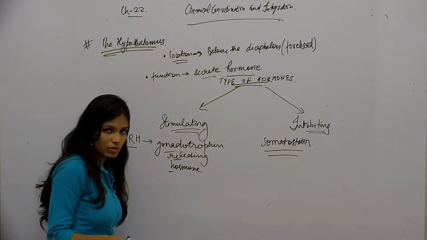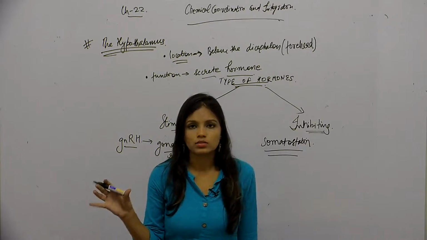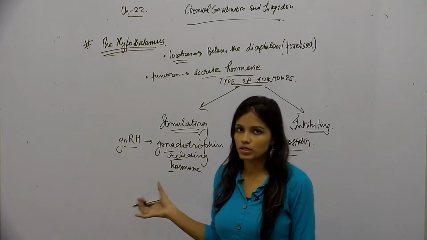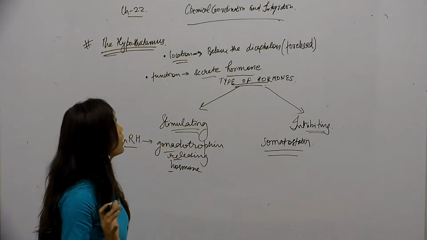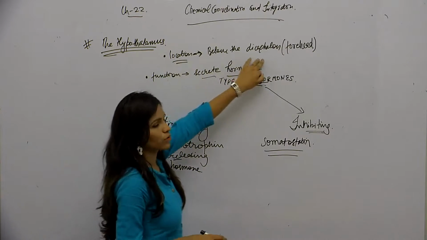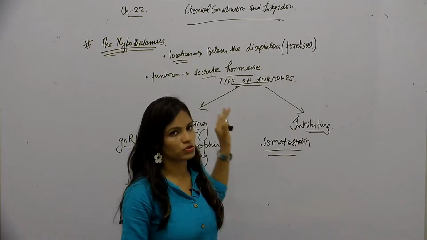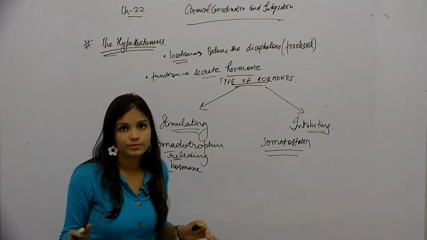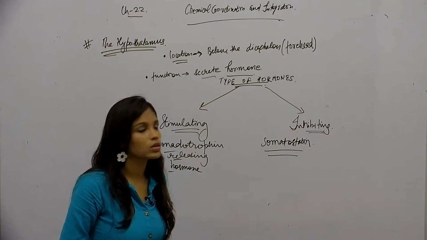Now the hypothalamus is connected to the pituitary by the help of axons and a circulatory system. Now let's see what those are. So basically, I've told you about the hypothalamus, its location beneath the diencephalon, and then its function: to secrete hormones, and these hormones directly go into the pituitary.